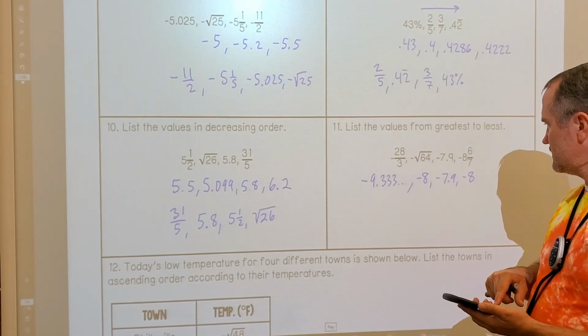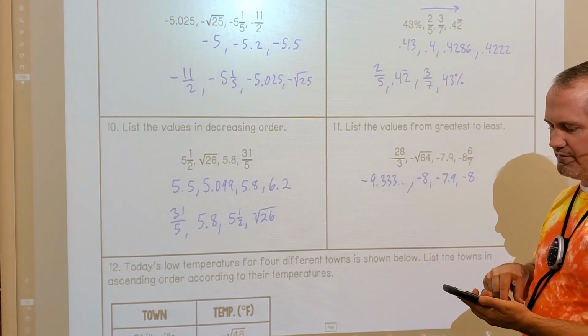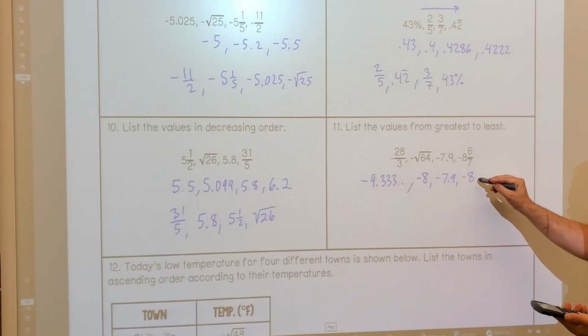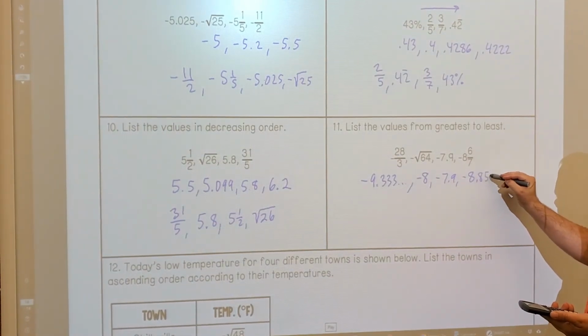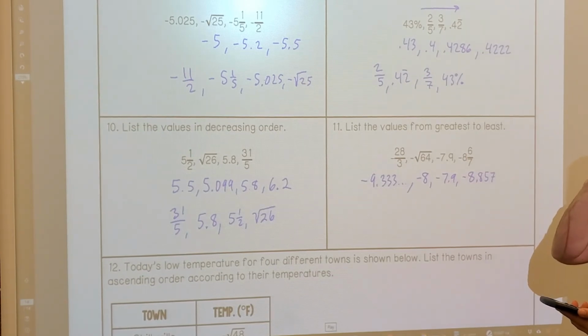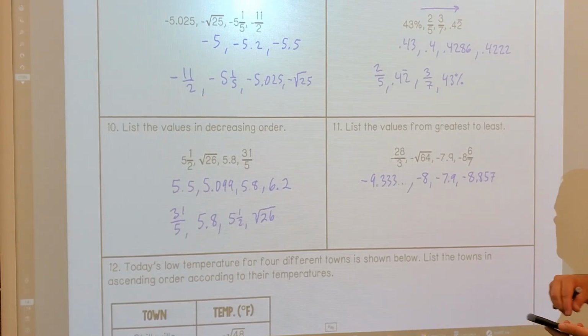I'm pretty sure it's like 0.86. Let's see, 0.857. 1/7 is 0.142857, so that's where I was going off of.